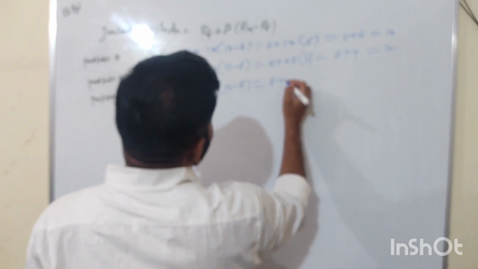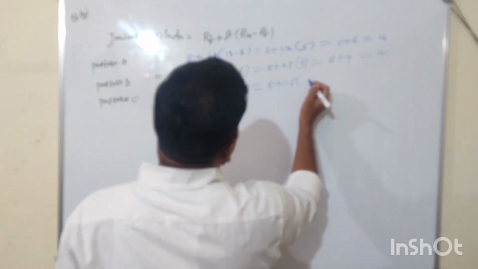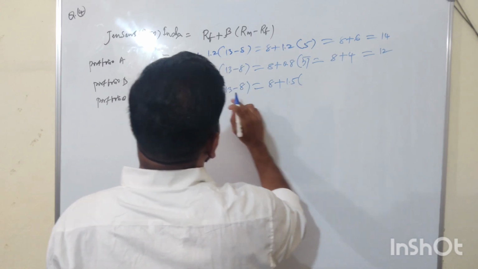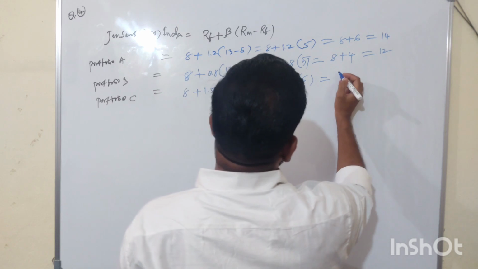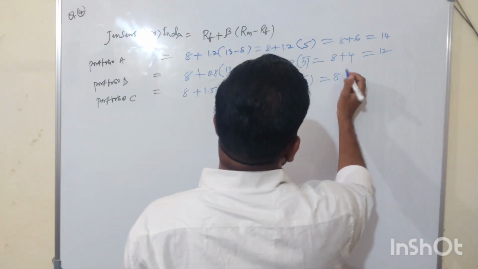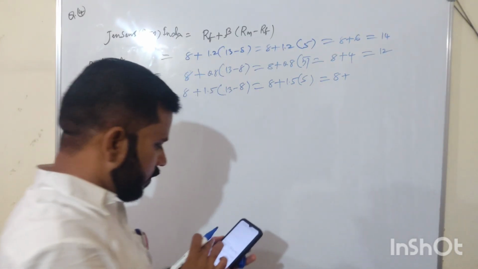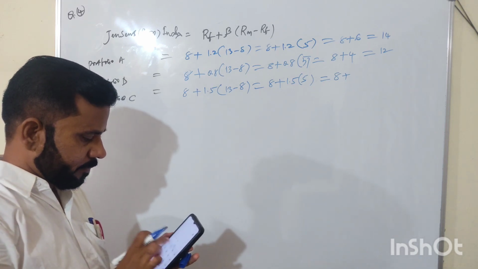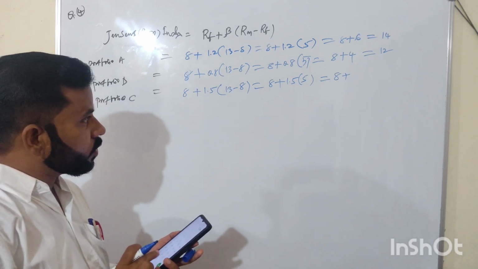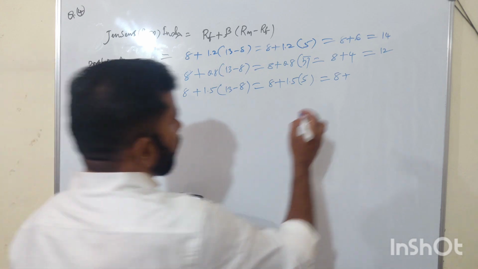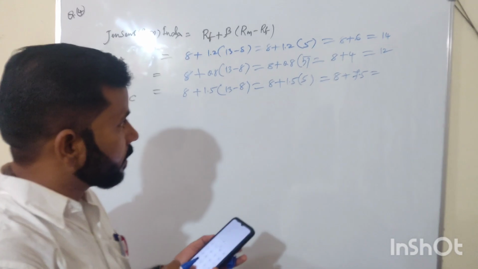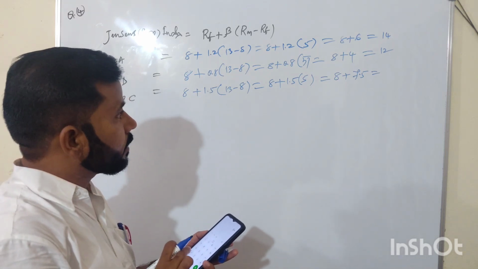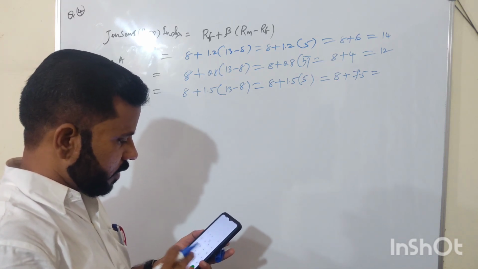Let's take 8 plus 1.5 as it is. 13 minus 8 becomes 5. Now 1.5 into 5 gives 7.5. So 8 plus 7.5, we get the answer 15.5.